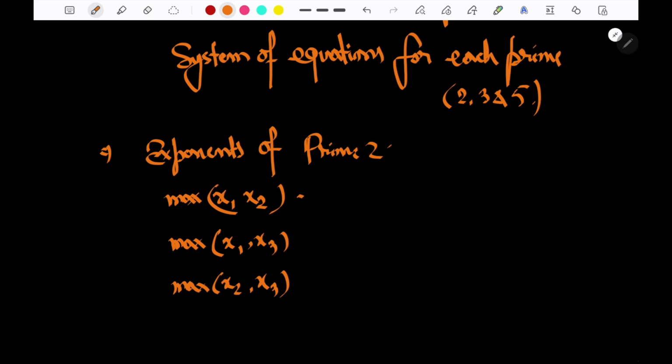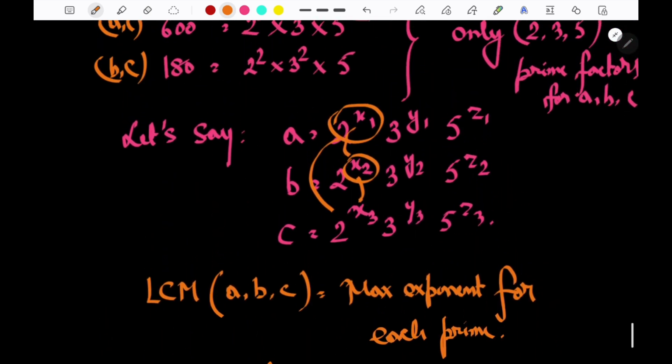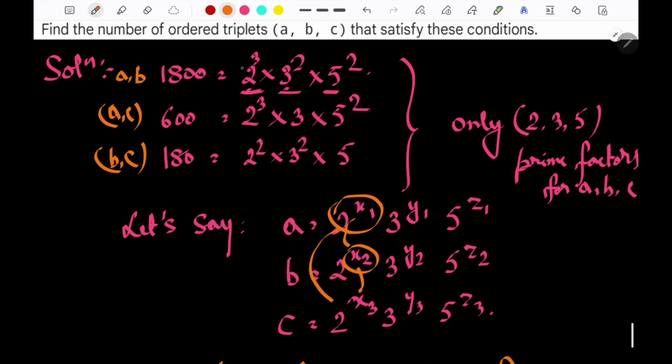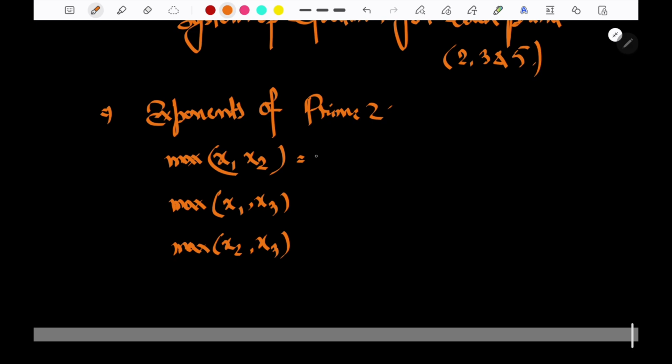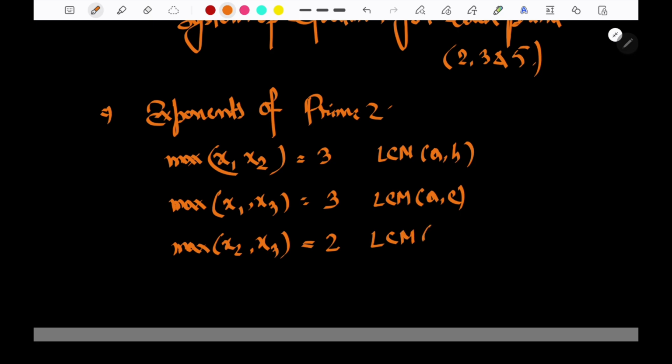Maximum of x1, x2 for A, B will be 2 to the power 3, and for A, C again 2 to the power 3, so exponent will be 3. But for B, C it will be 2. This comes from LCM of A, B, this from LCM of A, C, and this from LCM of B, C.